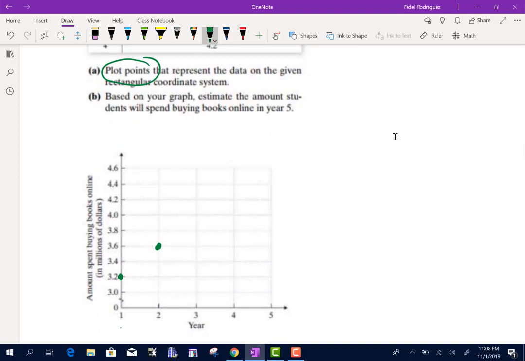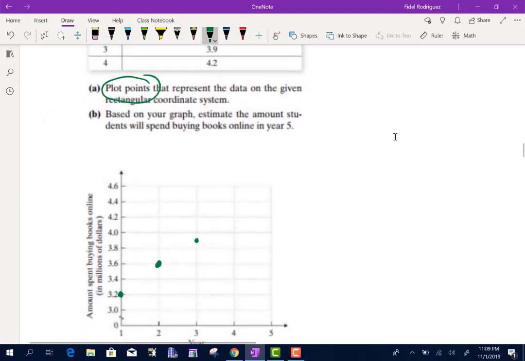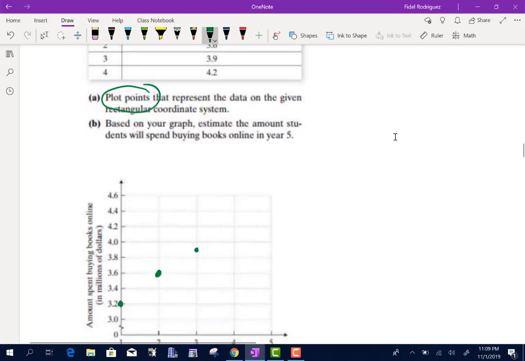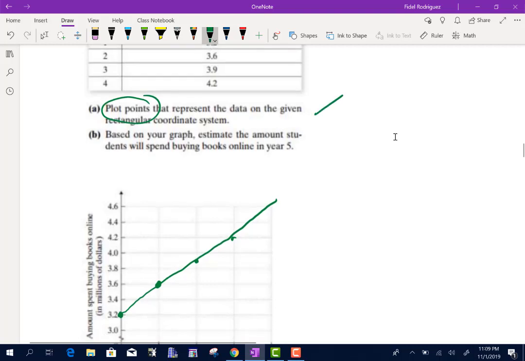I spoke a little too soon, but look, here's 3.8, here's 4.0. 3.9 would have to be right in the middle, right? And then in year 4, we're at 4.2. Year 4, we're at 4.2, right? So guys, if I were to draw my line, okay, I'm just connecting my points. Okay. So that's what I'm doing in the first part.